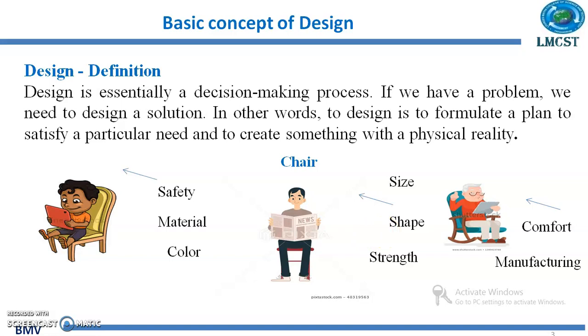That is decision making. And finally, you are making a chair which has a minimum cost of production. So here we have a number of parameters. Here it is safety, material, color, and here it is size, shape, strength, and here comfort. Finally, it is manufacturing.